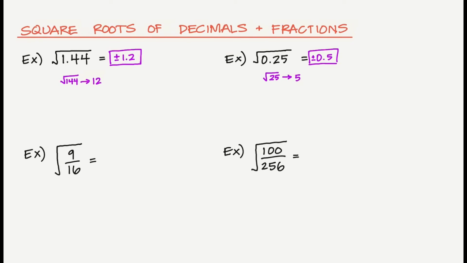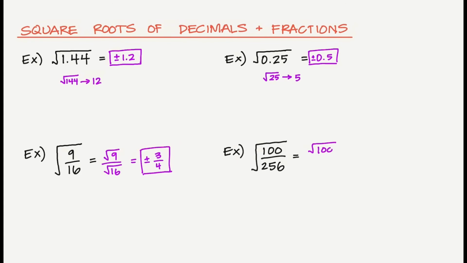Easy. So now for fractions, if I have the square root of 9/16, I'm going to separate it as just the square root of 9 over the square root of 16. And then it's a lot easier to see. Well, the square root of 9 is plus or minus 3. Square root of 16 is plus or minus 4. So plus or minus 3/4 is my answer. Let's do the same thing.